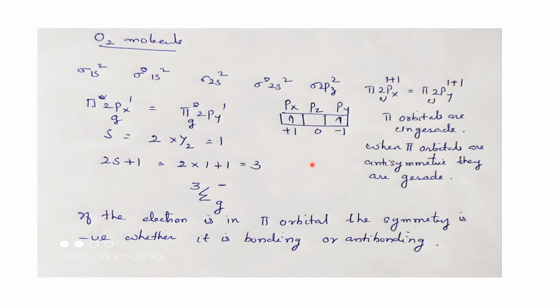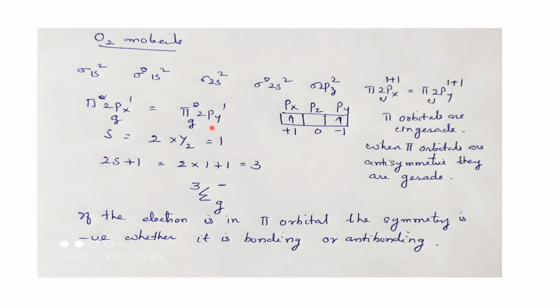Then find out whether it is gerade or ungerade. Pi orbitals are ungerade. When pi orbitals are antisymmetric, they are gerade. In this case, the last electron enters the pi star orbital. So, g into g is g, that is gerade.